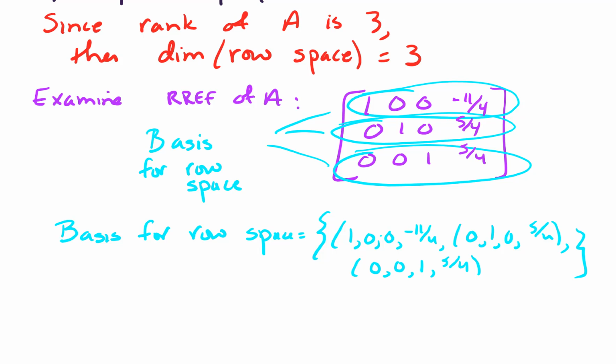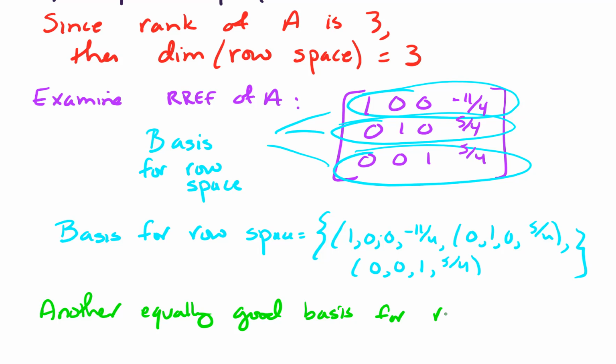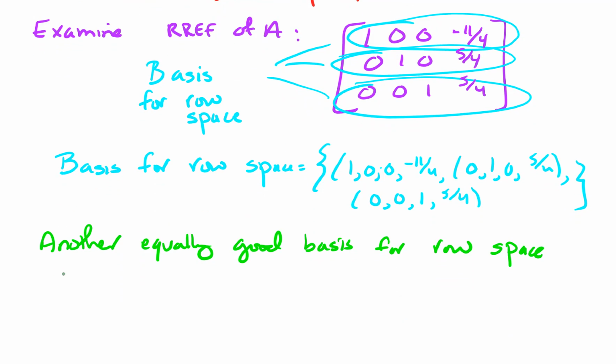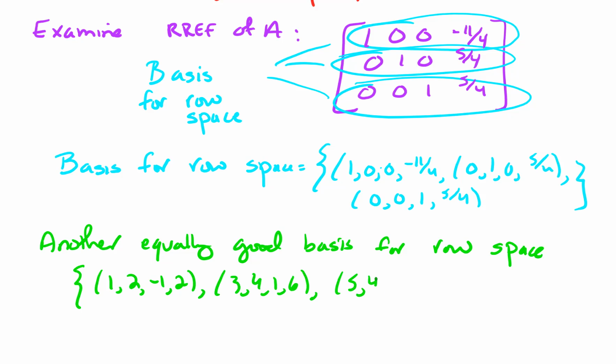Another, equally good basis for the row space would be the three vectors that we started with. And so that would be the set 1, 2, negative 1, 2, a vector 3, 4, 1, 6, and a 5, 4, 1, 0.